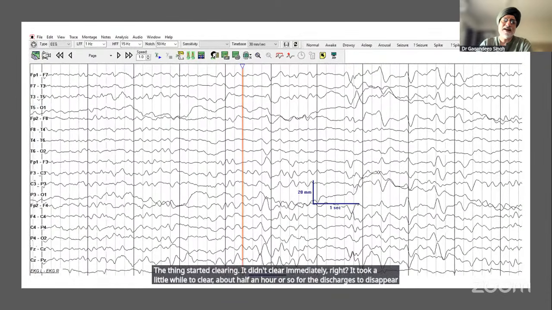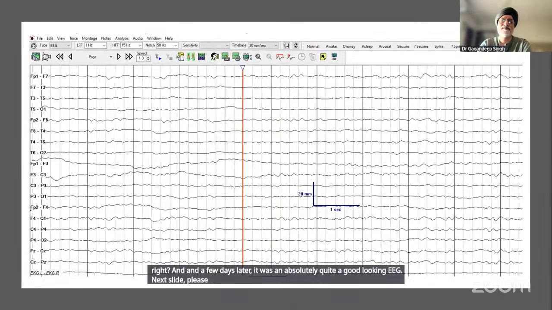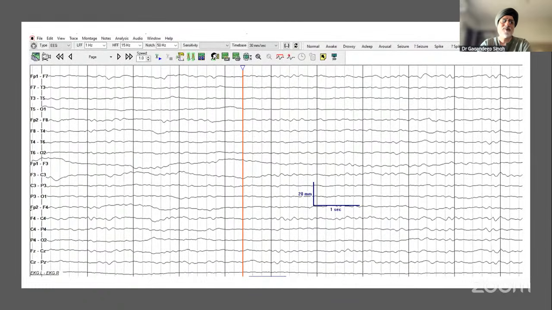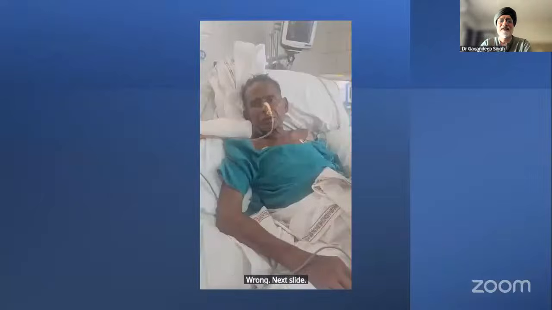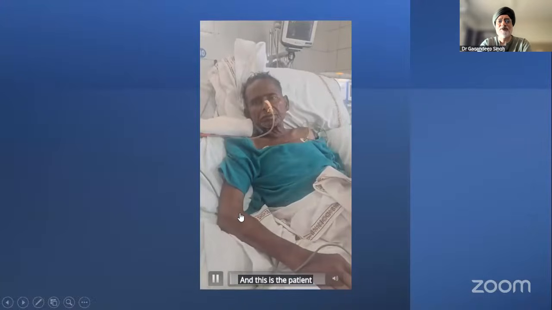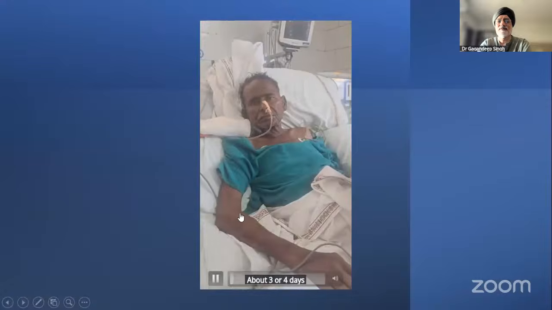And a few days later, it was a quite good looking EEG. Next slide, please. Yeah, this is probably a few days after, if I'm not wrong. Next slide. And this is the patient about 3 or 4 days after.